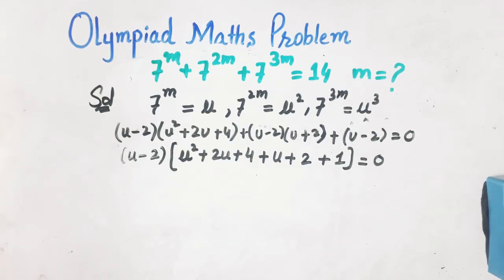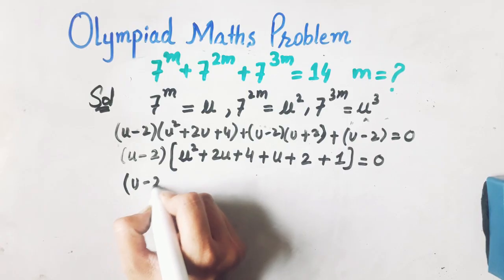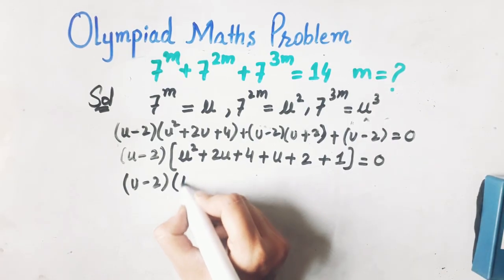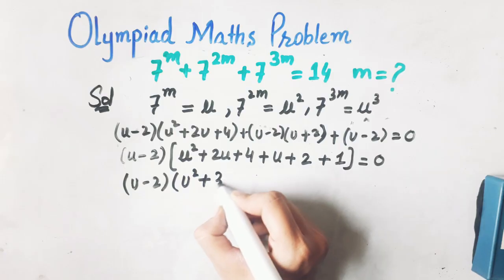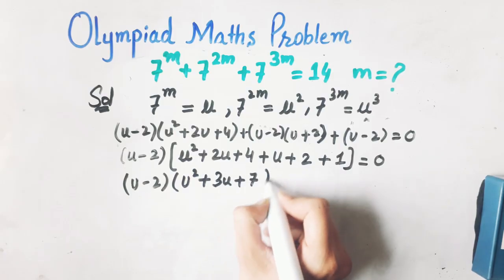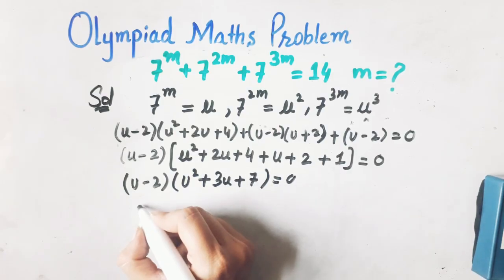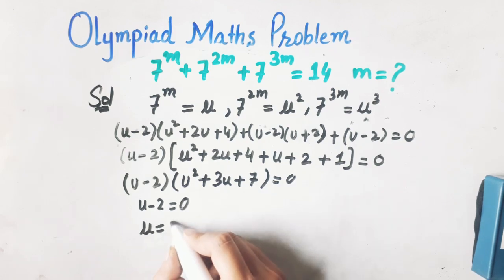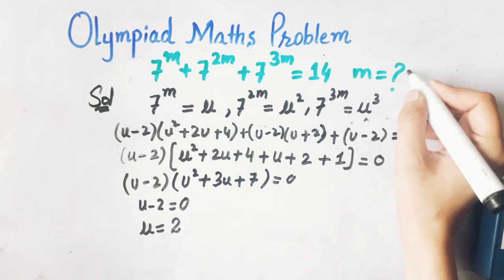So what will this become? We have u square plus 3u plus 7 equals 0. We have u minus 2 equals 0, which gives us u equals 2. Write this here.